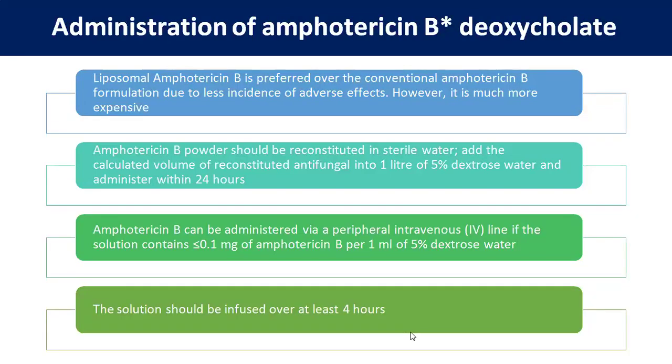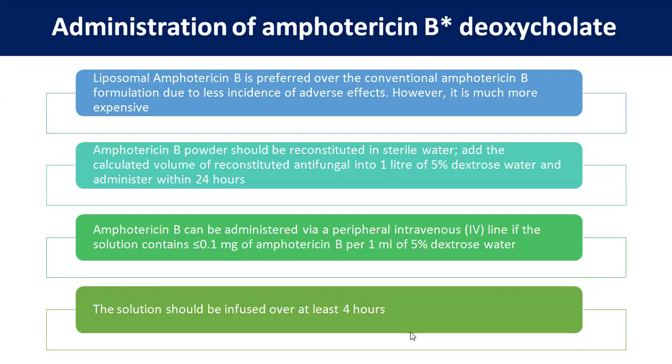So, administration of amphotericin B deoxycholate. Liposomal amphotericin B is preferred over conventional amphotericin B primarily because of fewer side effects and better toleration by the patient. Now, amphotericin B powder should be reconstituted in sterile water. Add the calculated volume of reconstituted antifungal to 1 liter of 5% dextrose so that there is no thrombophlebitis and no other kind of infections.